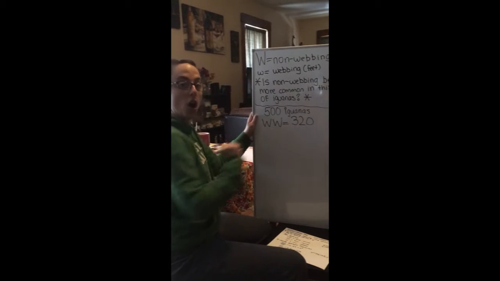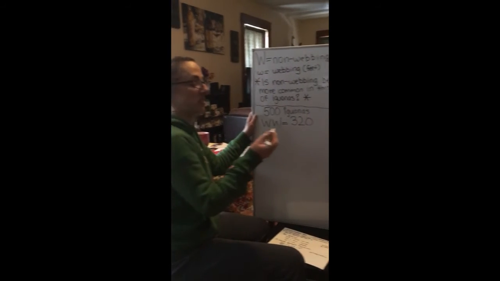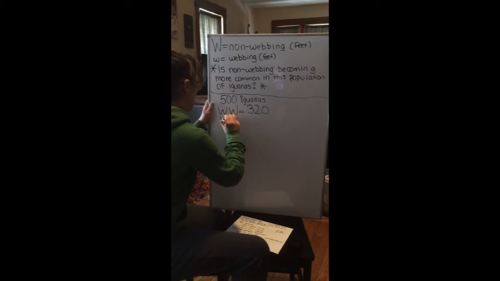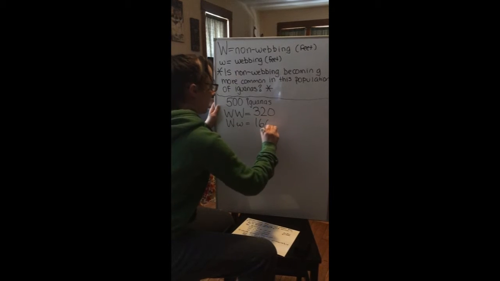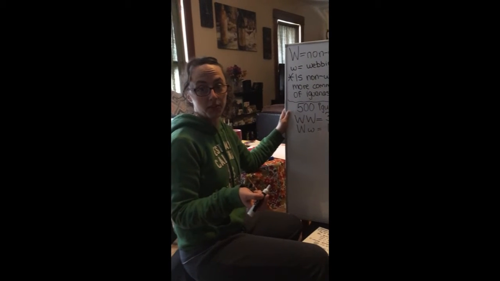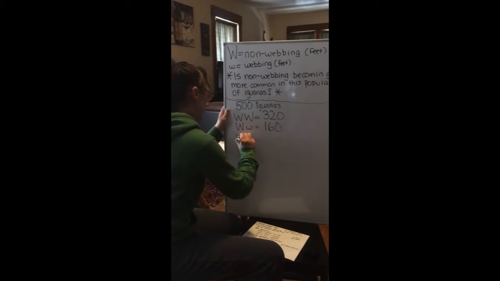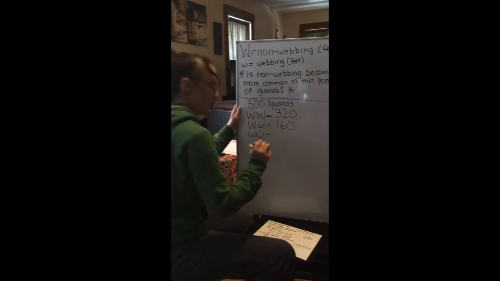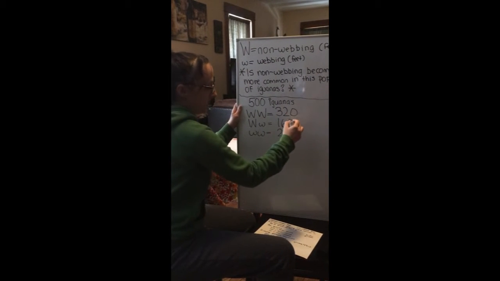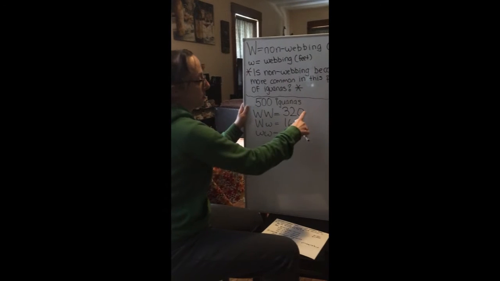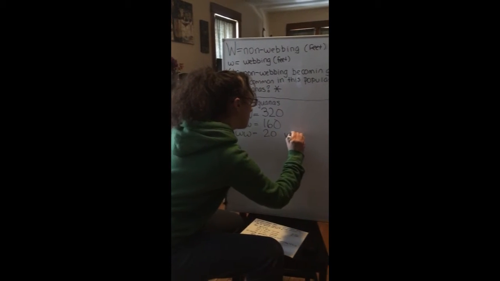So these are all non-webbed. Looking at our heterozygous individuals, our geneticists determined that we had 160 heterozygotes. And looking at our homozygous recessive individuals, let's say we had 20. These are webbed individuals, and these are non-webbed individuals, and these are webbed individuals. Just to remind yourselves of that.